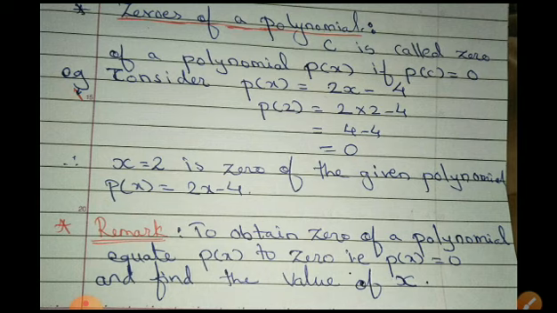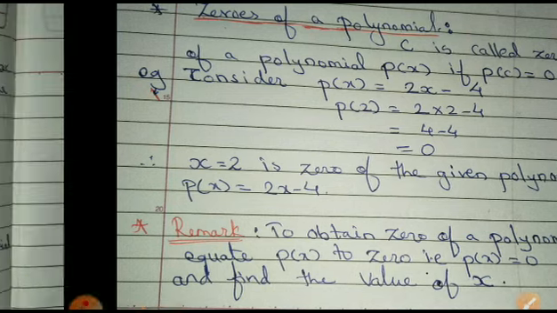Now first we are going to consider just a linear polynomial. Linear polynomial, what was that? A polynomial with degree 1. So to obtain the zero of a polynomial, what we should do is always equate the polynomial to 0 and find the value of the variable.